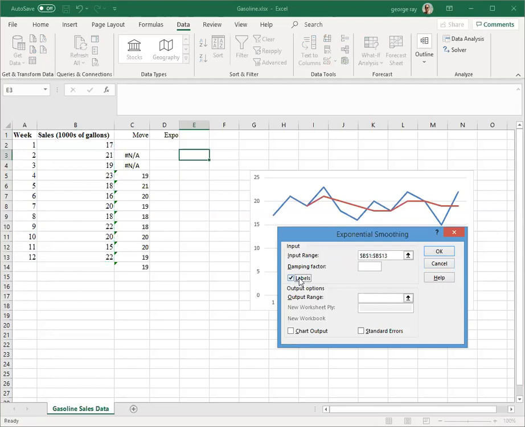I do have labels. Now here it's asking for the damping factor. So in this particular problem, the smoothing constant was 0.2, so the damping factor is going to be 0.8. And the range we'll put into E2.